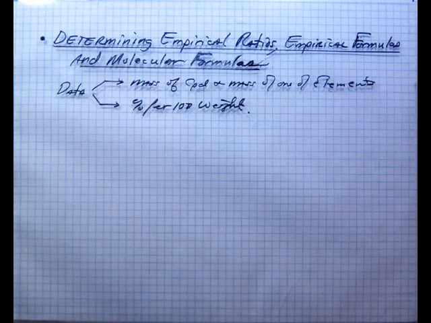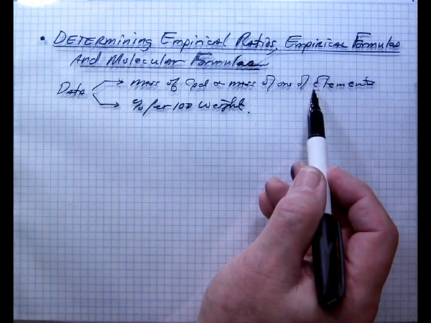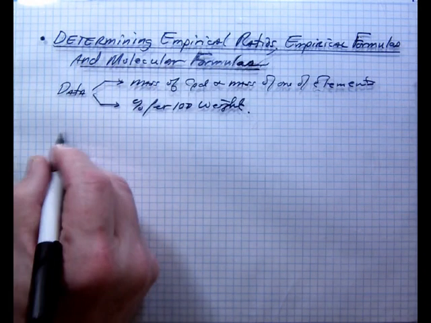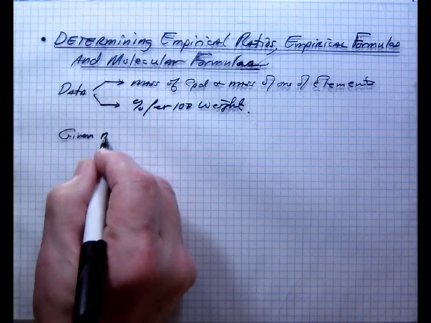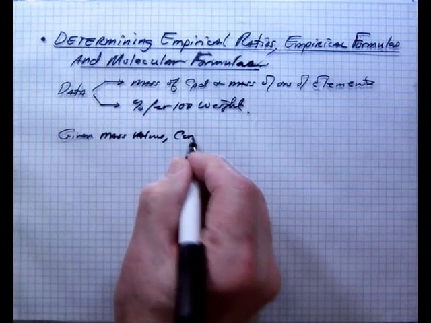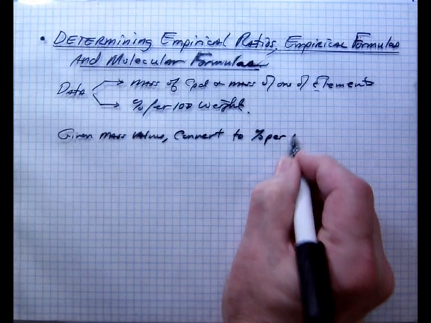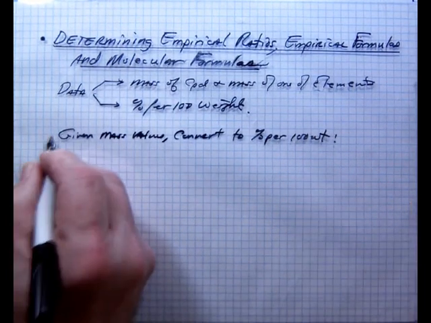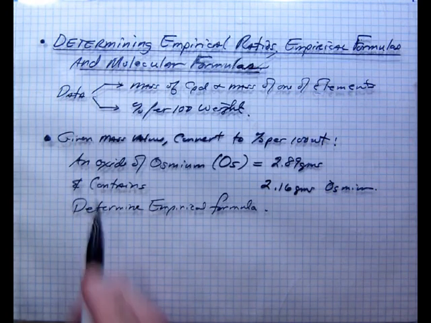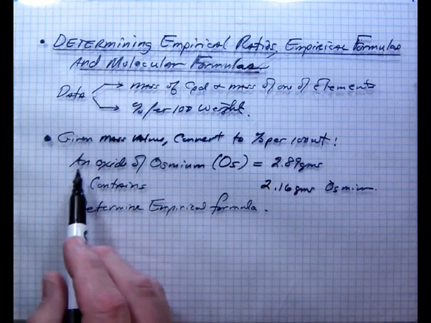If it comes to you in the form of mass of compound and mass of one of the elements, you must convert this to percent per 100 weight. Okay, here you're given mass values, and I told you to convert to 100 weight. Okay, what do I mean?